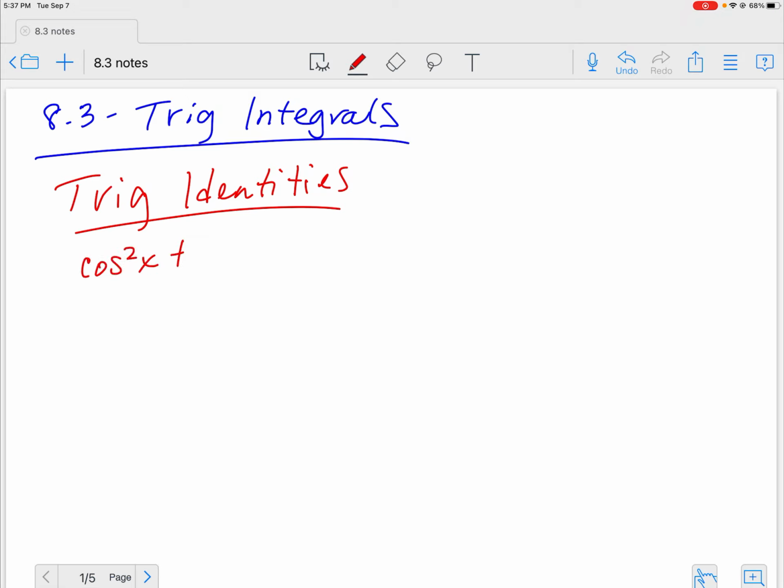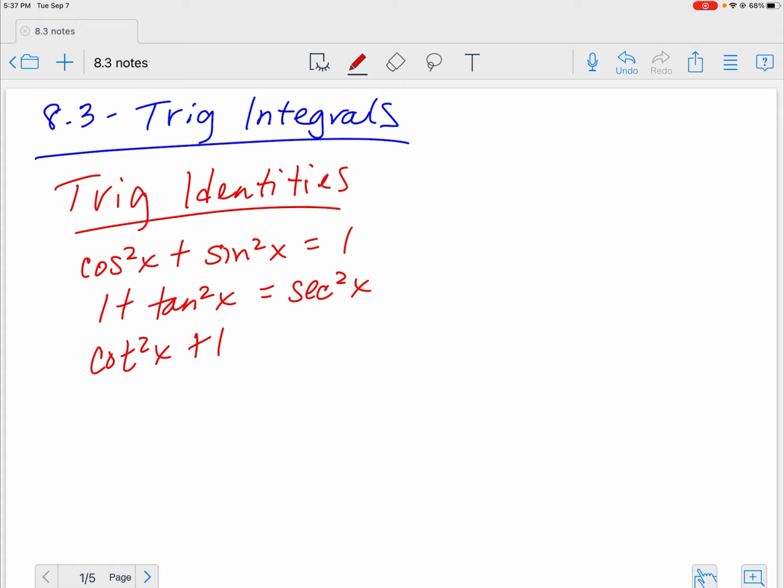Cosine squared plus sine squared is equal to 1. 1 plus tangent squared is equal to secant squared. A lot of times you write it as cotangent squared, but frankly, it's plus 1, so it's addition. Cotangent squared plus 1 is cosecant squared. You can rework those however you want to. It's all addition. So there are some Pythagorean identities.